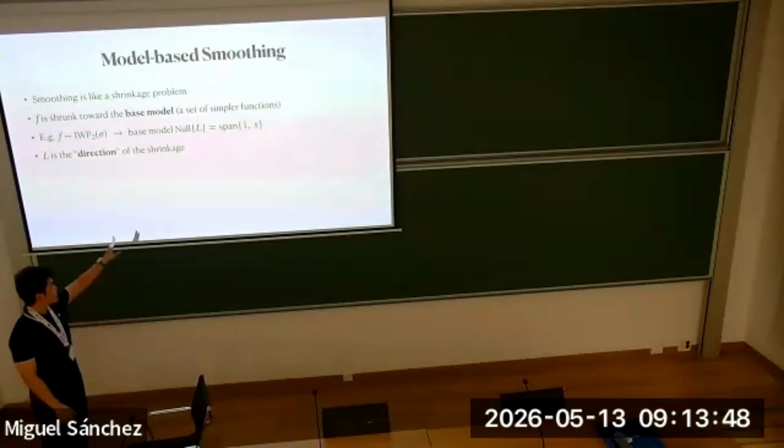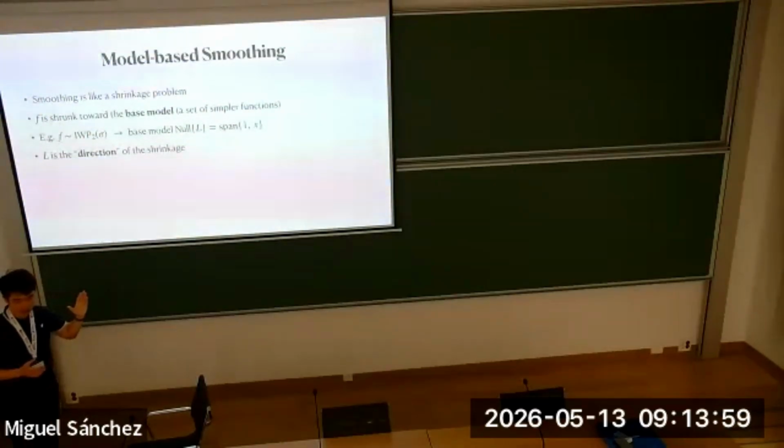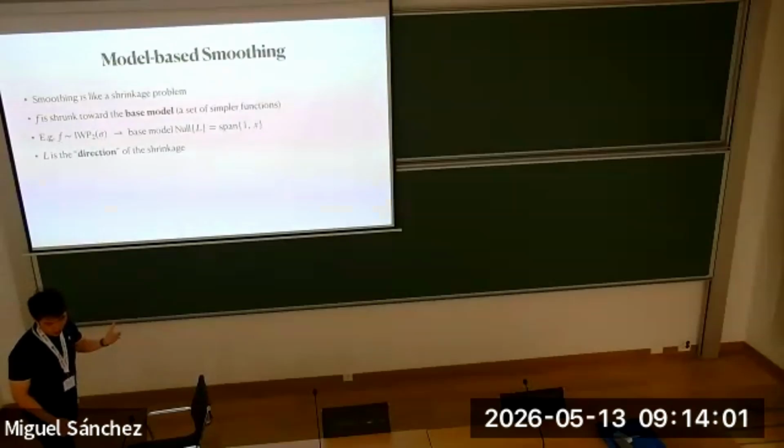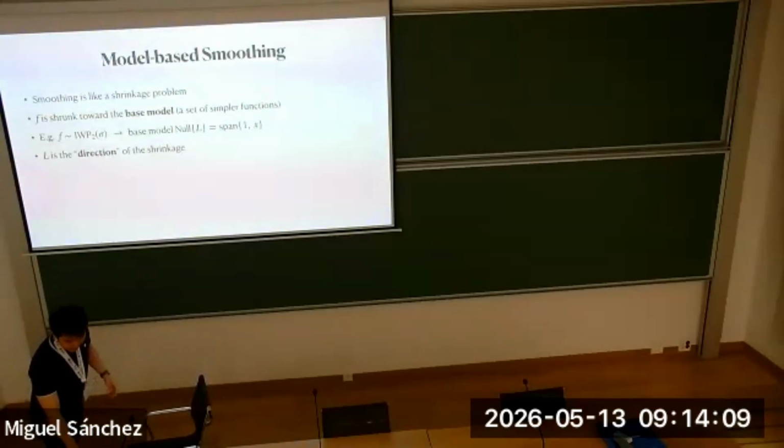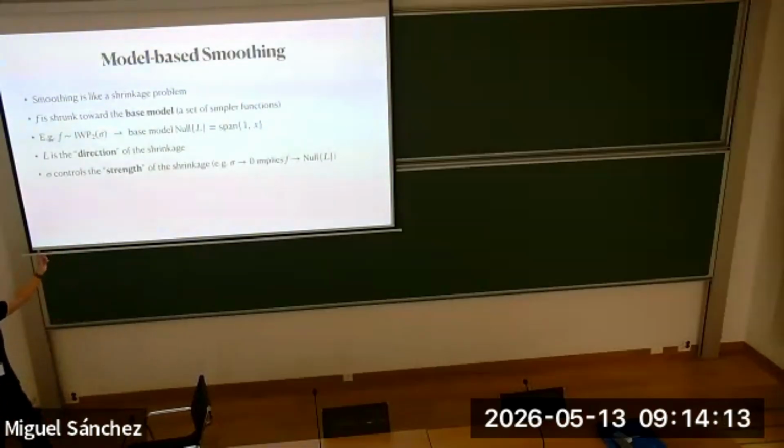So this is really chosen by the choice of the differential operator L. I like to think about this L as the direction of your shrinkage. When you choose a differential operator that defines this prior, this distribution on your function, you choose the direction toward which you want to shrink it. How much I shrink it actually depends on the sigma parameter, which I like to interpret as the strength of the shrinkage.